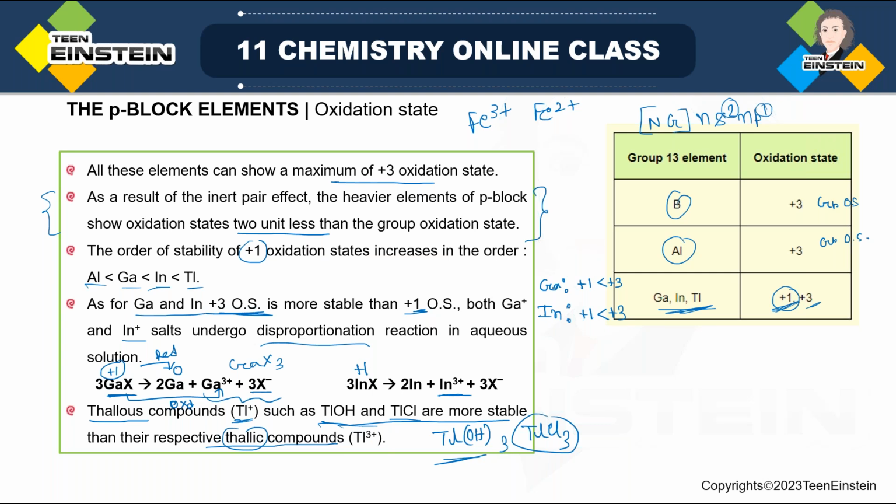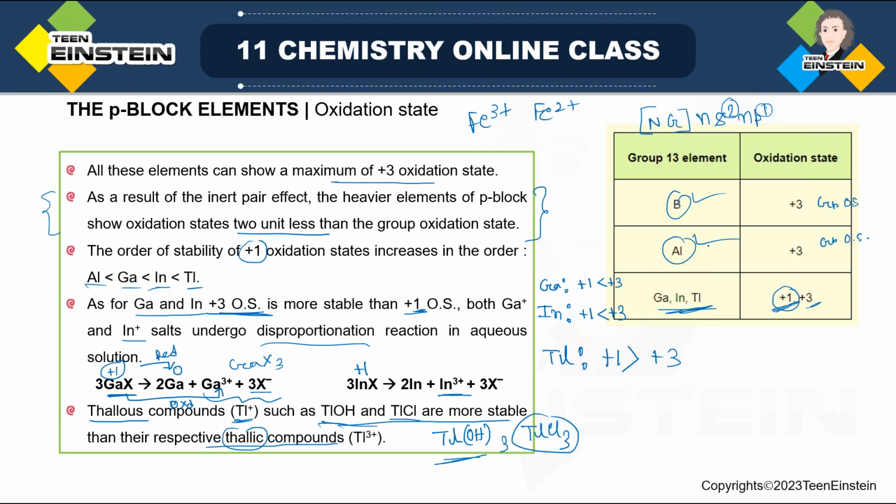So it means for Tl, now +1 is more stable than +3. And for these two, there is no question of +1. Okay. So this is the variation of oxidation state. Now, when you will actually see their chemical properties, that is how they are reacting with halogen, oxygen, then you will see the application of this oxidation state, and you will see different types of compounds.